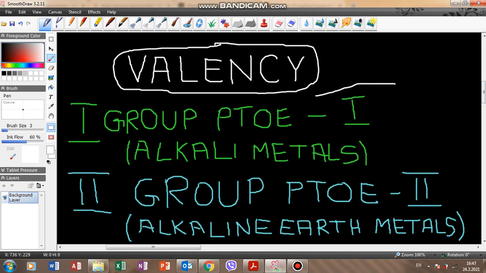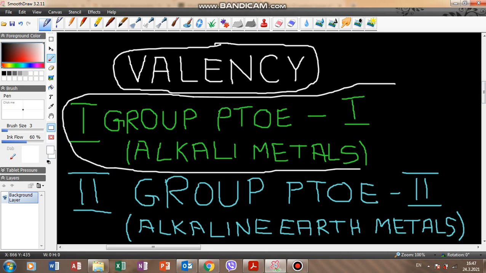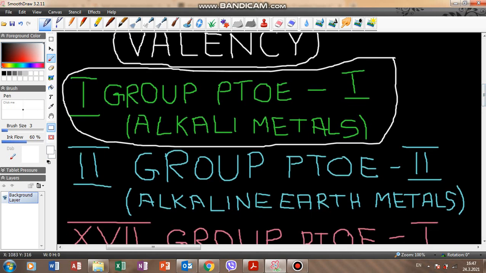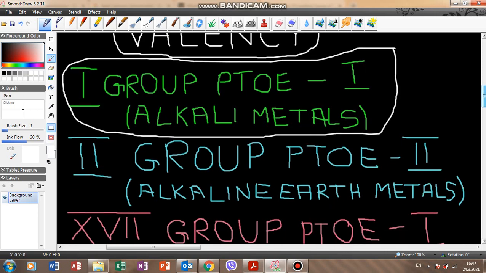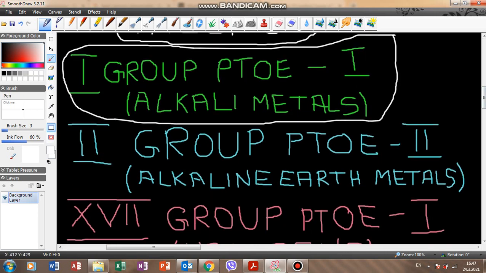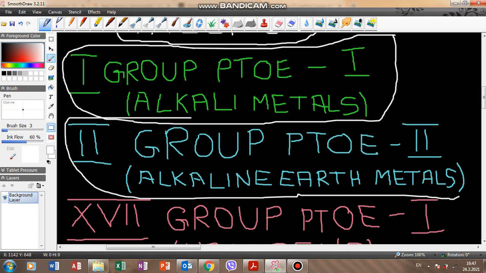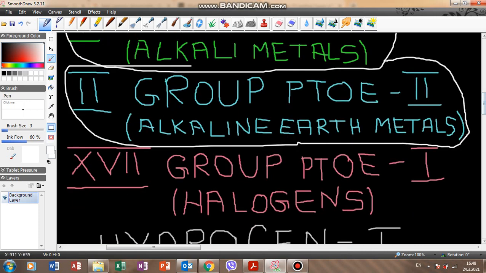So the first group of the periodic table of the elements, also known as alkali metals (PTOE stands for periodic table of the elements), always has valency number 1. The second group, also known as alkaline earth metals, always has valency number 2.